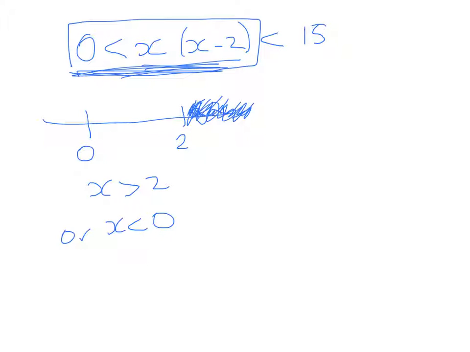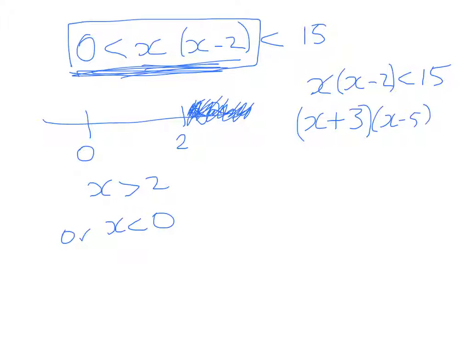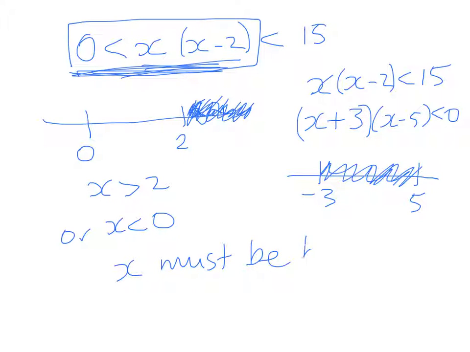And then working on this side, I get x times x minus 2 is less than 15. So that's what we had before, that the x plus 3 and x minus 5 is less than 0. So the solution to that inequality is the values between negative 3 and 5. Right, so the intersection of those two sets are the values that will make my area positive but less than 15. So the answer is x must be between 2 and 5 centimetres.